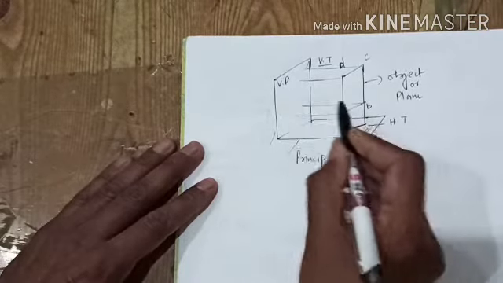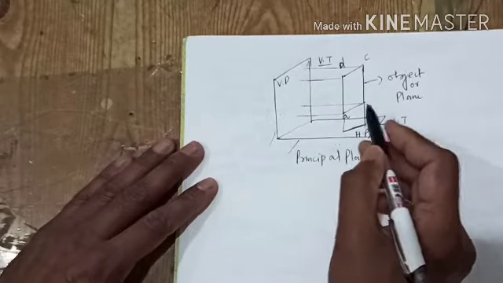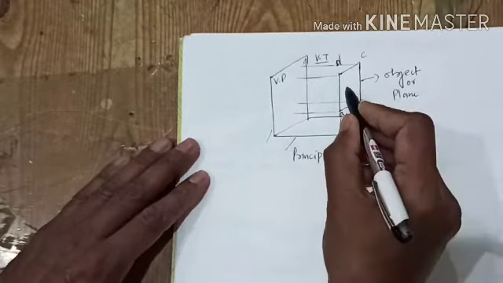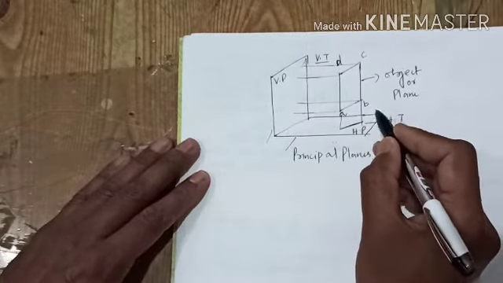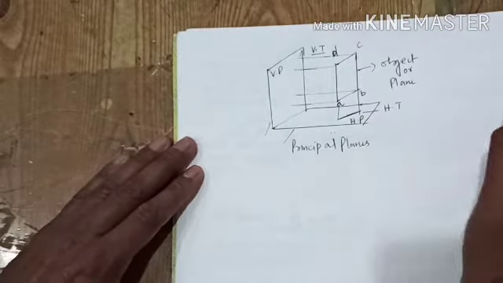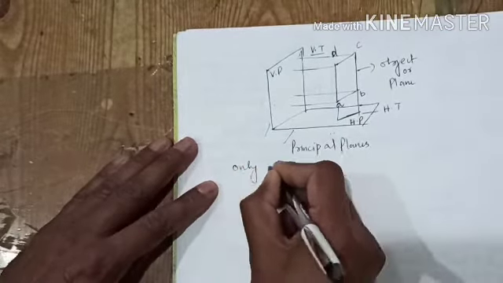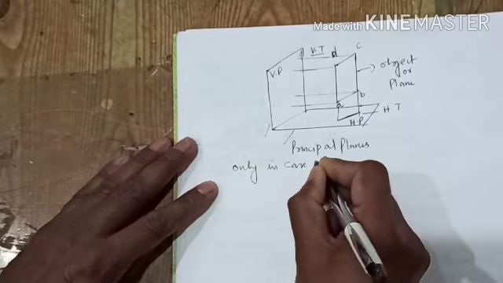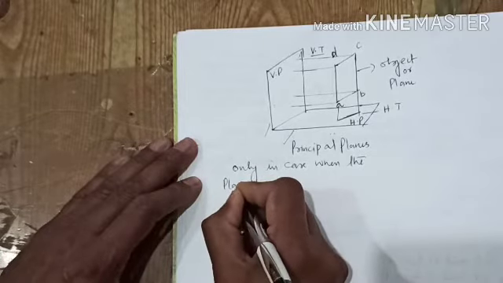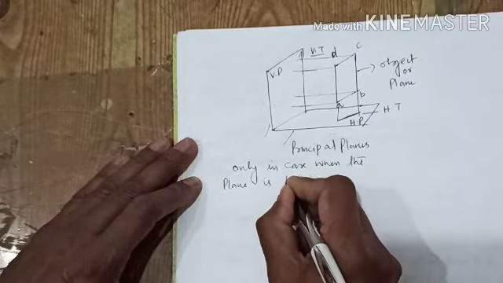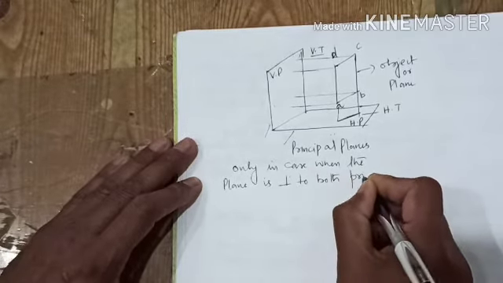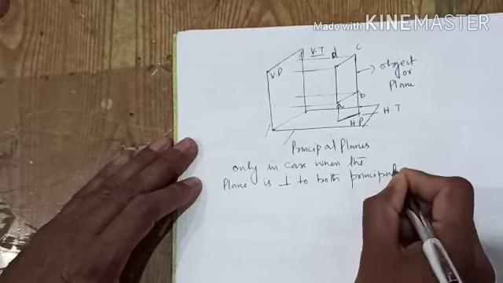Both traces are possible only in the condition when the plane is perpendicular to both principal planes.